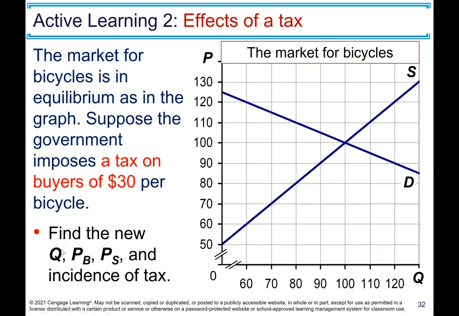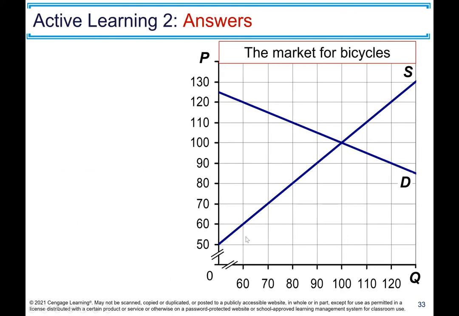Find the new quantity, the price buyers pay, the price sellers receive, and the incidence of the tax. And that is the tax, $30. On the demand side at 110, on the supply side at 80, the difference is 30. So that is the wedge, that is the tax the government imposes.